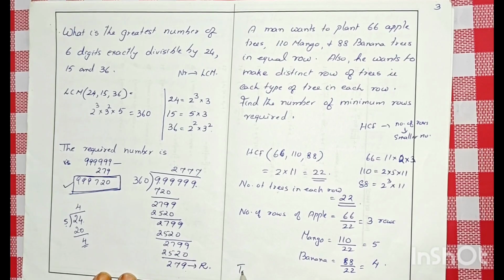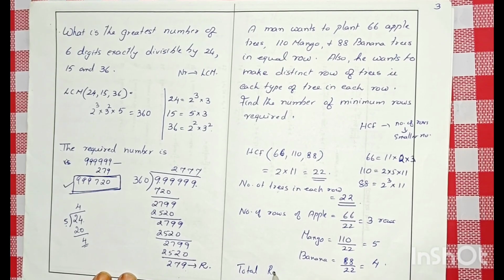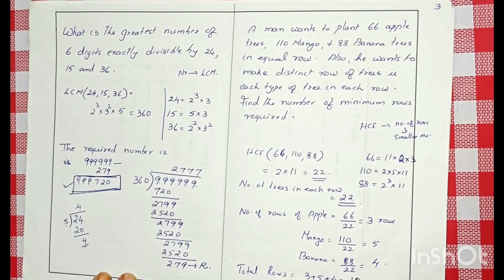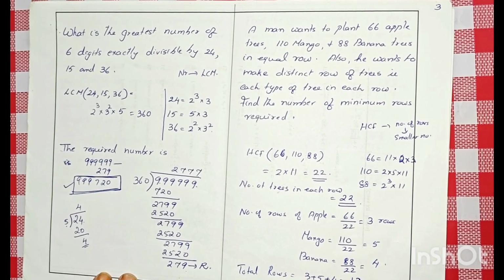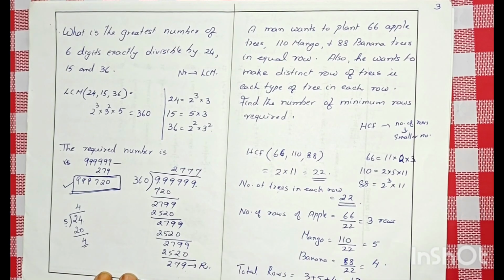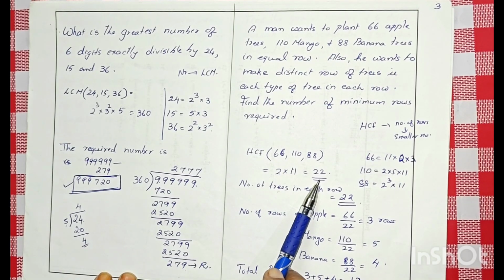So total rows 3 plus 5 plus 4 equal to 12. So read the question properly, carefully, and then accordingly decide what to do. Suppose they had asked you only to find the number of trees in each row, then you have to do only this one.